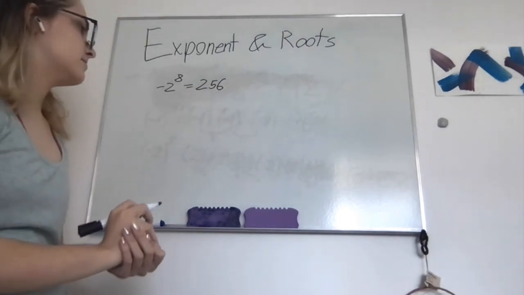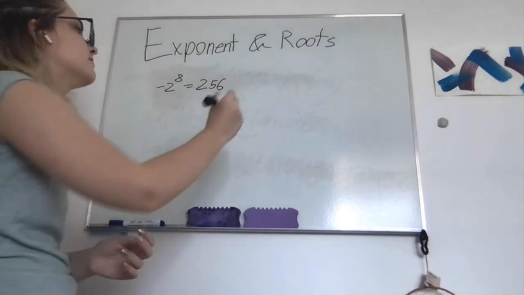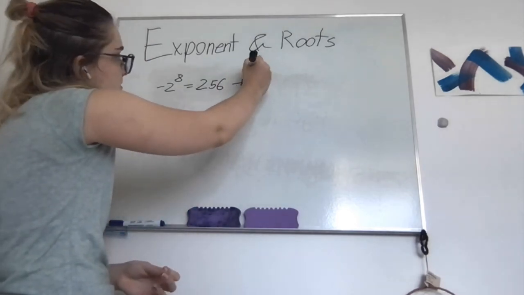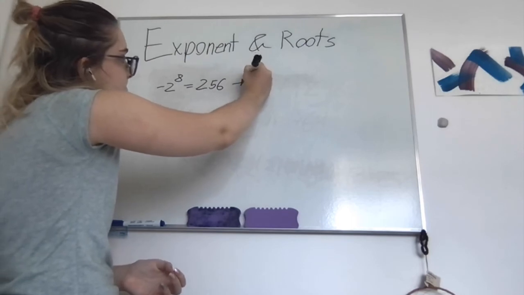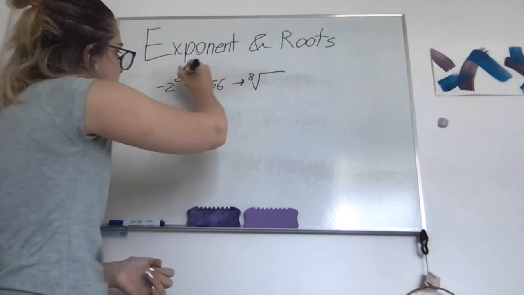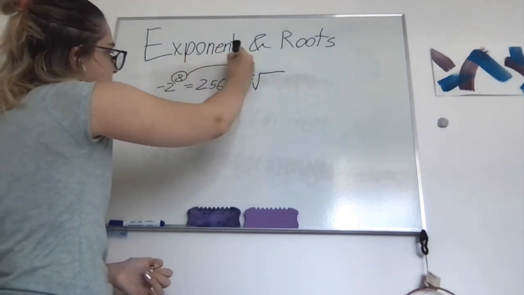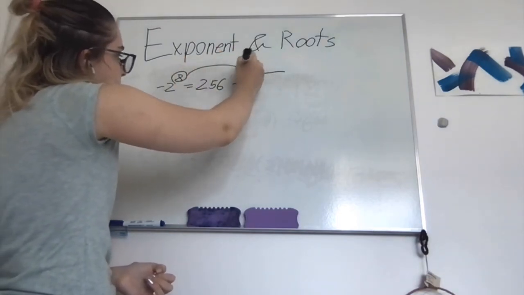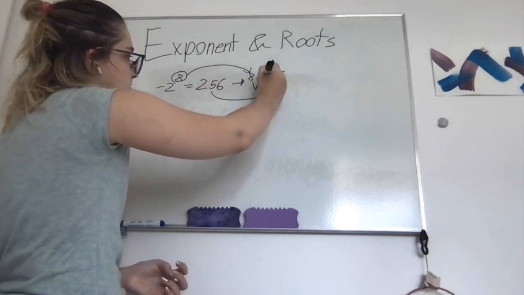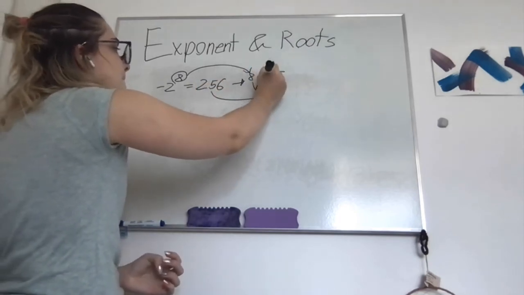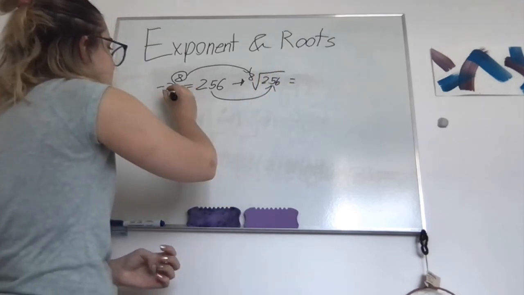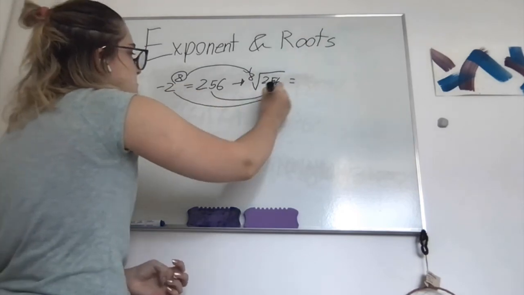So that means, since we know that, if we transfer it into a root, this exponent transforms into the index, and this transforms into the radicand, and the answer will be this.